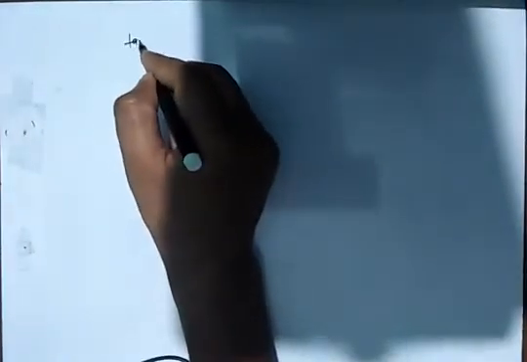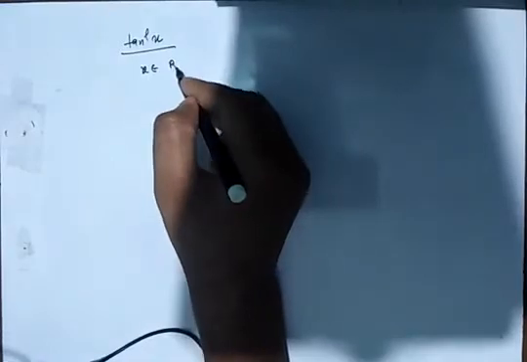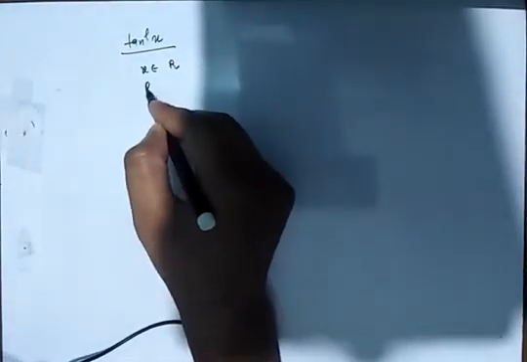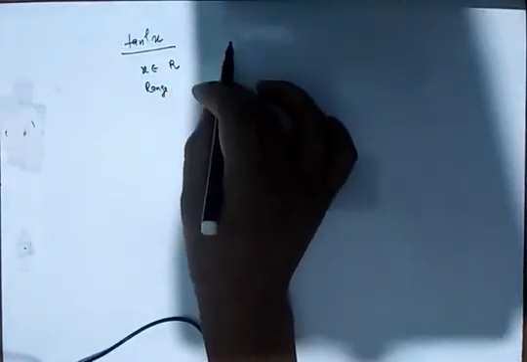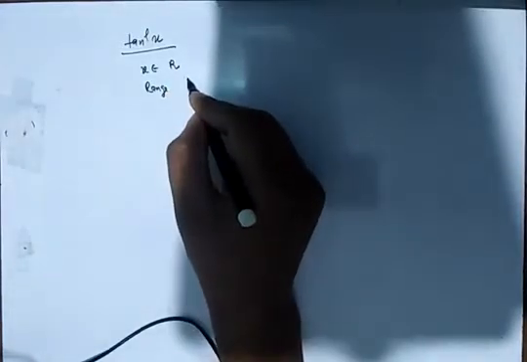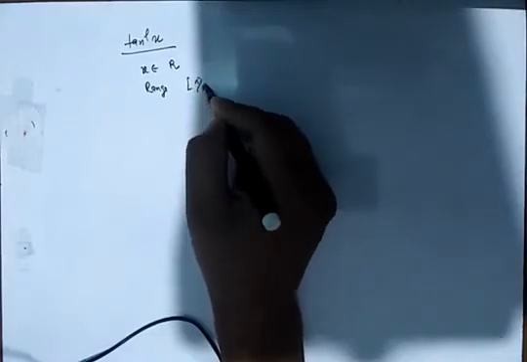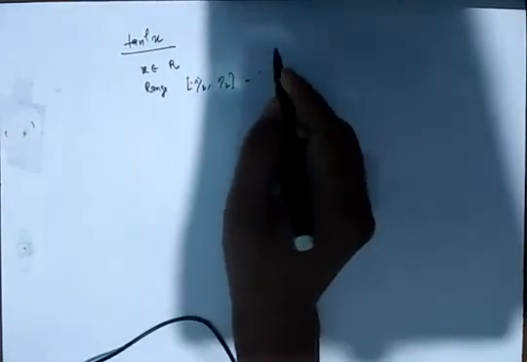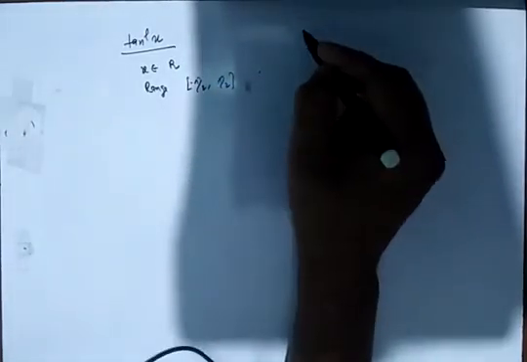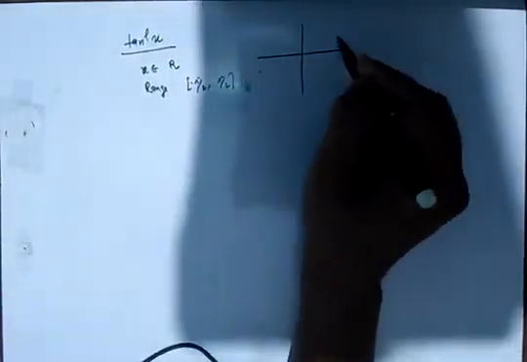So see, if you draw the tan inverse x function, x belongs to what? All real values. For tan inverse x, x belongs to all real values, and the range is minus pi by 2 to pi by 2. This is the range of the function. You can see here the graph.